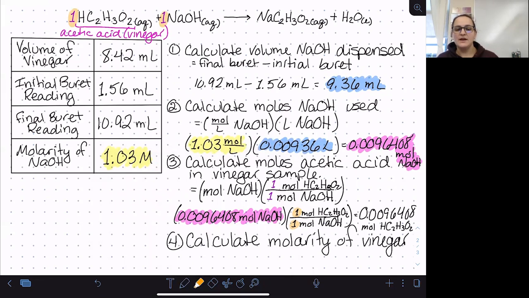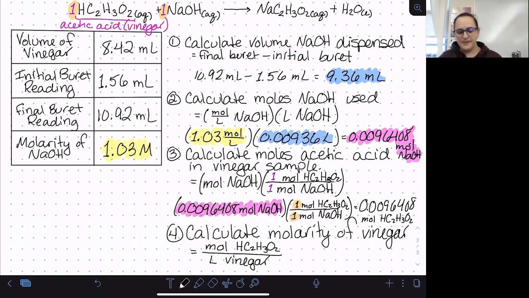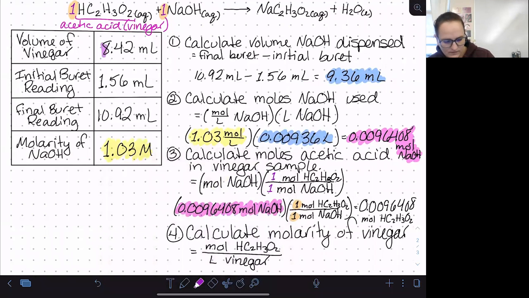And then our last step is to just calculate the molarity of the vinegar, which is going to be the moles of acetic acid that we just calculated, divided by the volume of your vinegar sample in liters. So this is going to be coming from back here.